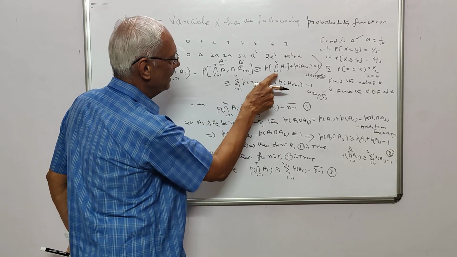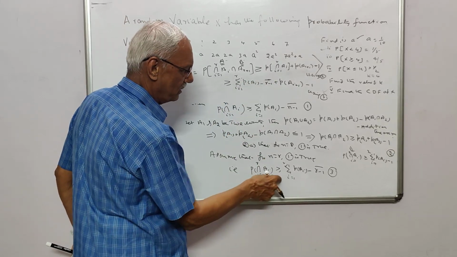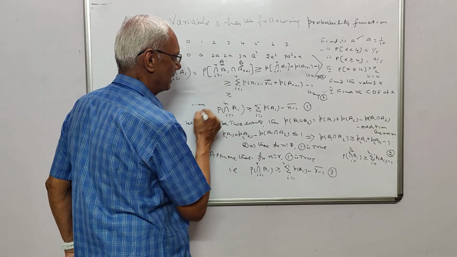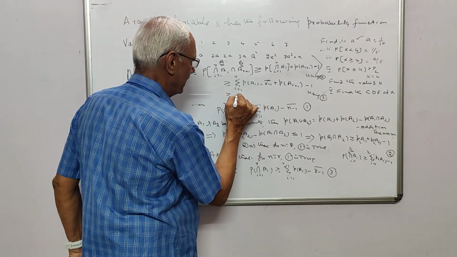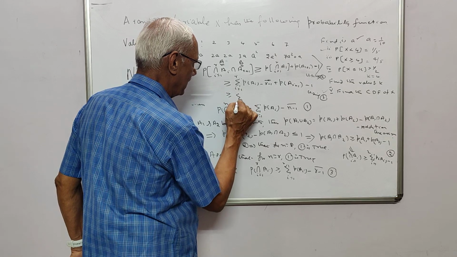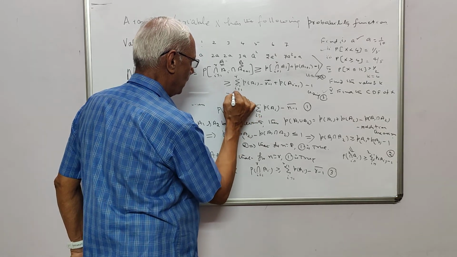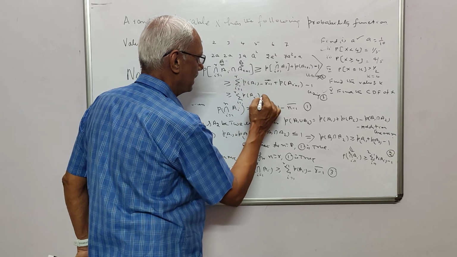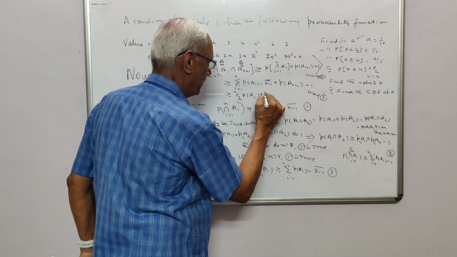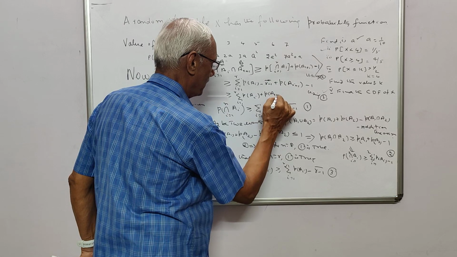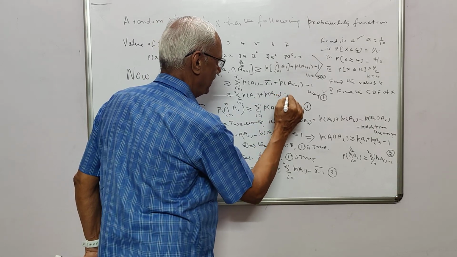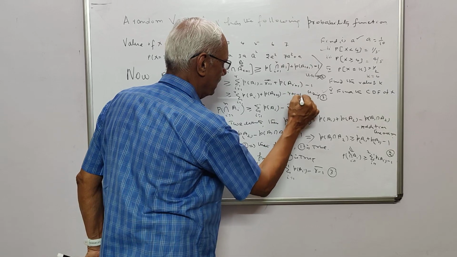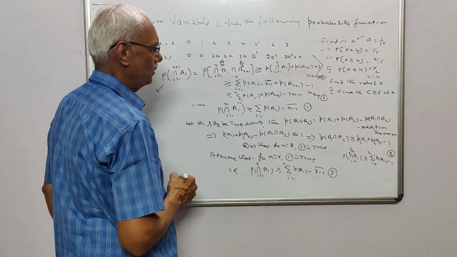So you are justified to write this result because that is our assumption. So this will be greater than or equal to the sum of P of ai, i is equal to 1 to r, plus P of ar plus 1, minus r plus 1 minus 1.